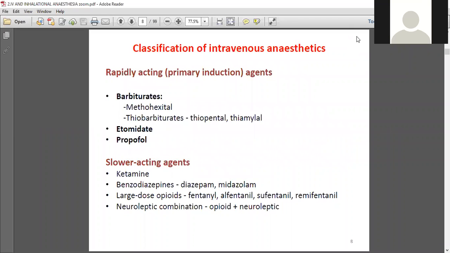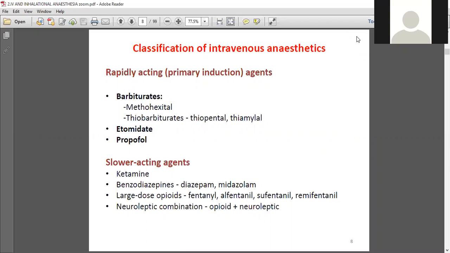Then classification of intravenous anesthetics: we have the rapidly acting agents, and then we have the slower acting agents. The rapidly acting agents include barbiturates, where we have methohexital and thiobarbiturates like thiopental and thiamylal. Then we have etomidate and propofol.